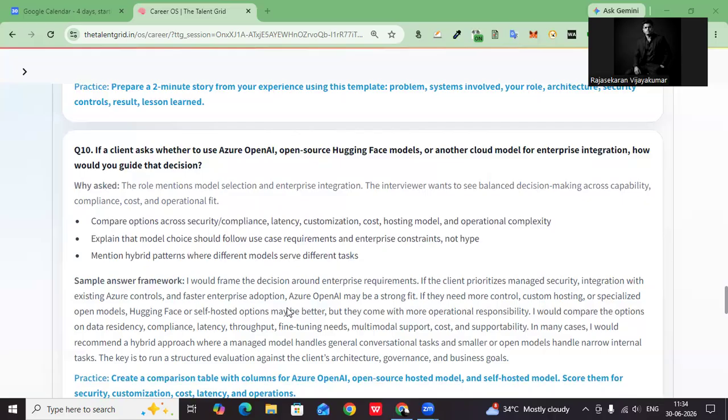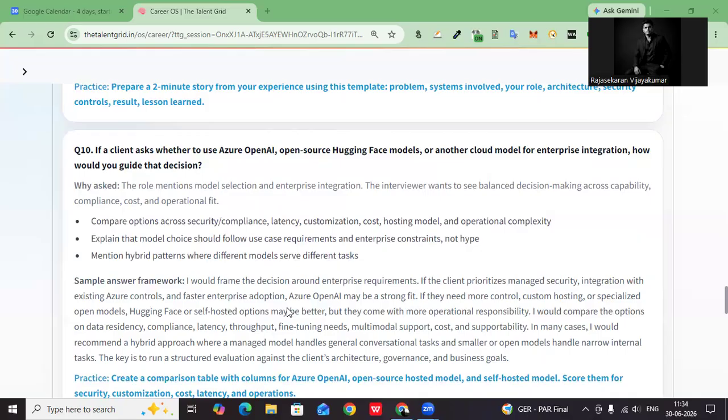Then I will do a POC against all three. If the client already has a dependency on Azure, then I will prefer Azure OpenAI itself. Against whatever the business asks, I will add weightages to the three options, see which weightages match the business, and then suggest that to the client.